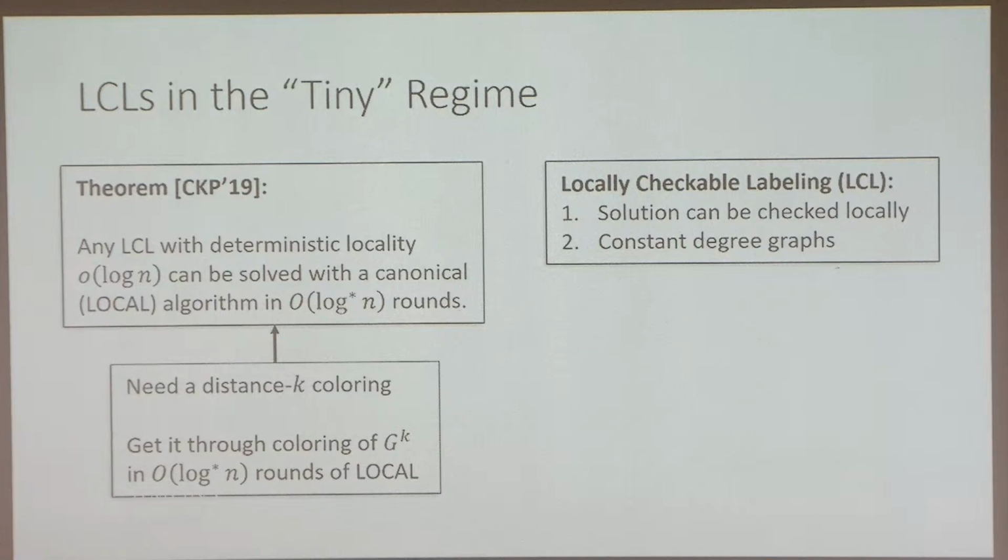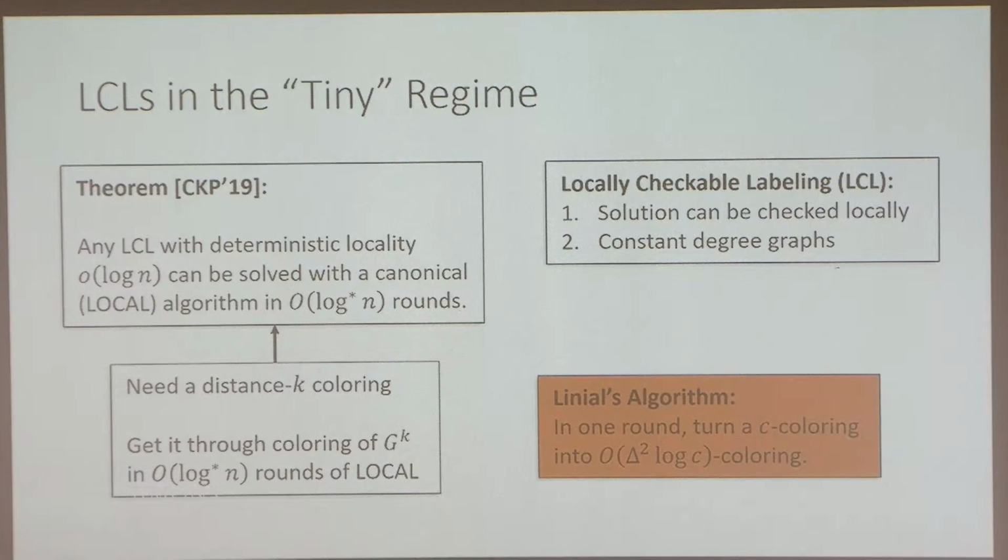Again, one of the nice things is that the only ingredient they basically need is a distance k coloring. If you don't know what that is, just think of it as coloring the kth power of G. In the LOCAL model, since k is a constant, there's this well-known algorithm by Linial that solves this in log star n rounds.